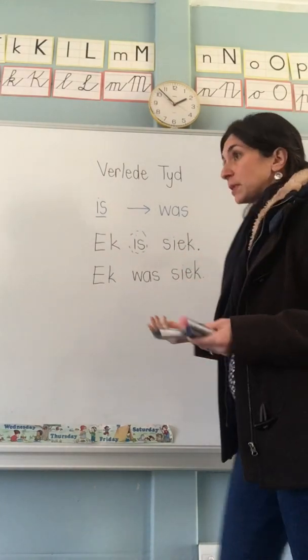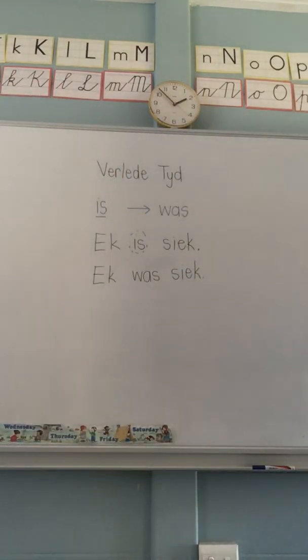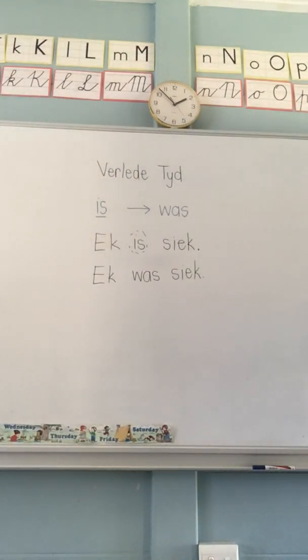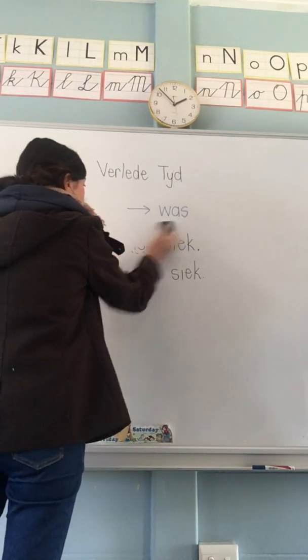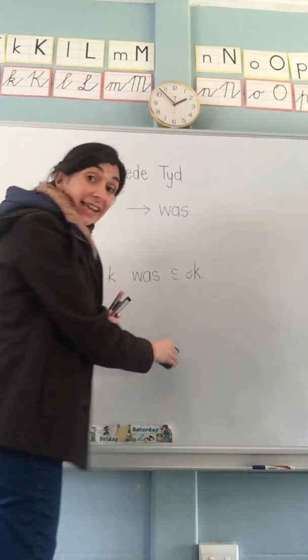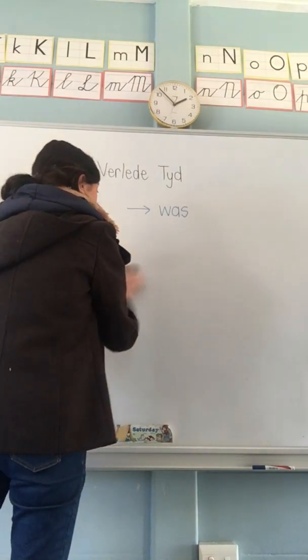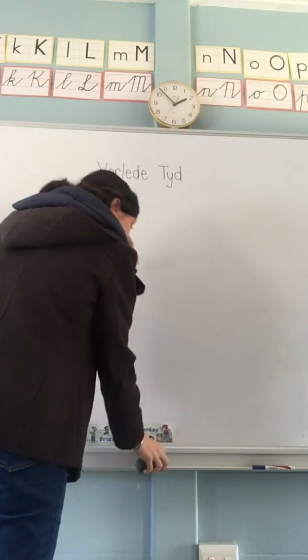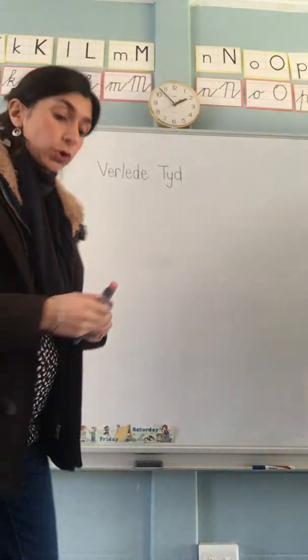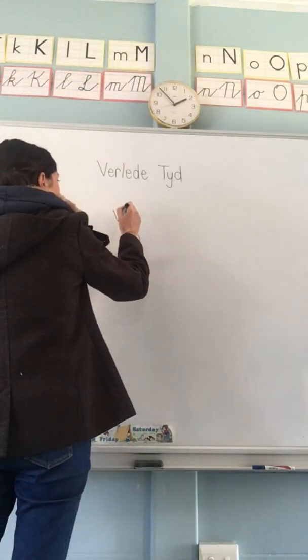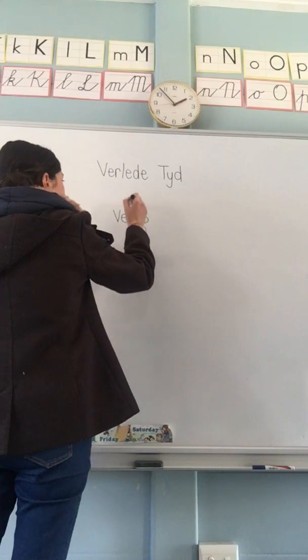Now, what happens if you don't have "is" in your sentence? Now, here comes the second rule. If you don't see "is" in your sentence, you've got to look for the doing word. Okay, and the doing word, remember, we know doing words are verbs.